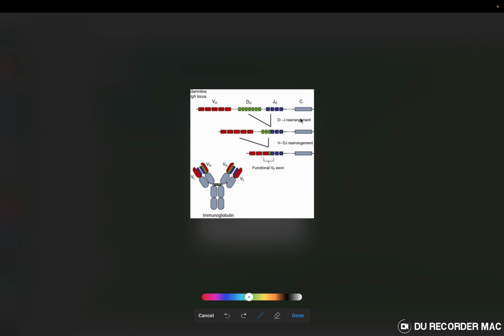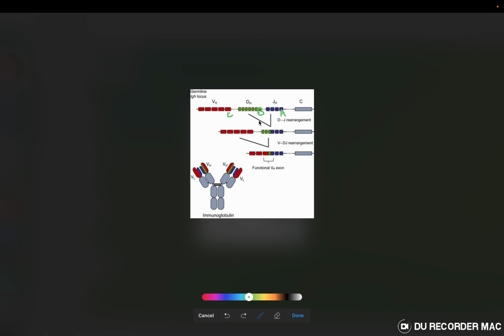According to this VDJ recombination, you can make this area of your immunoglobulin highly specific to one antigen and not the other antigen. How do they do that? Well, they are like, okay, what does influenza have? It has this A antigen, for example, and this B antigen, and this C antigen. Well, what do you guys have? We have A, Z, W, F, whatever, weird letters, you know? So you need only to get the A, B, and C.